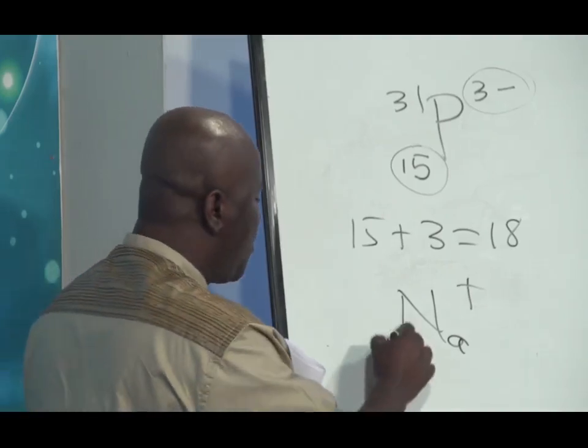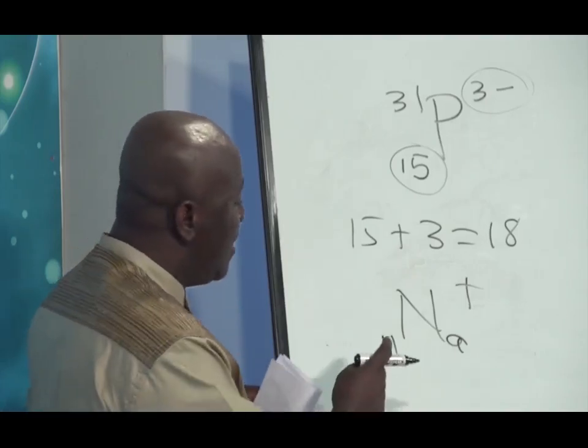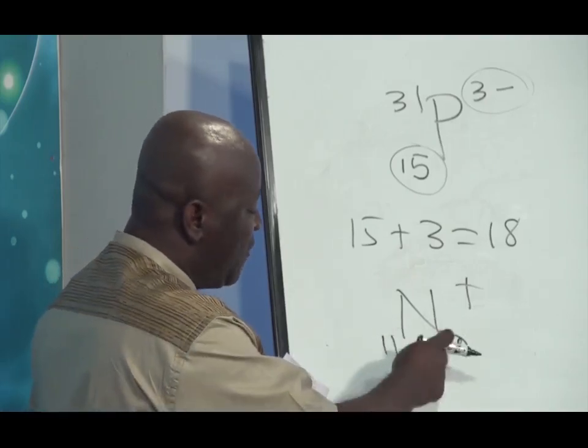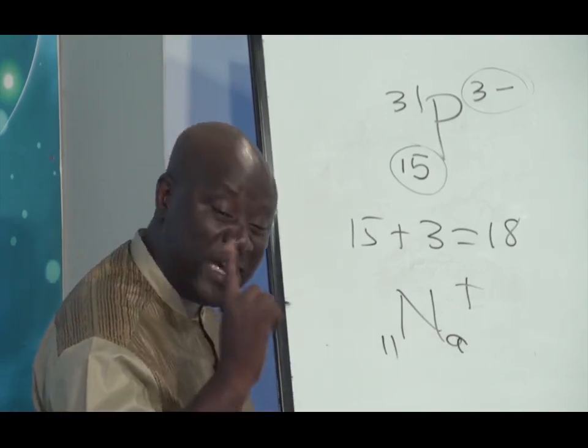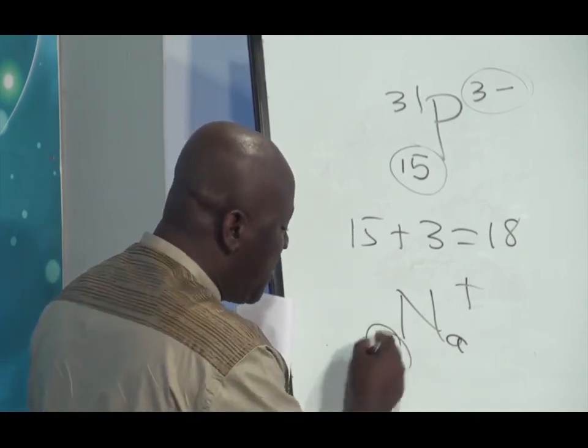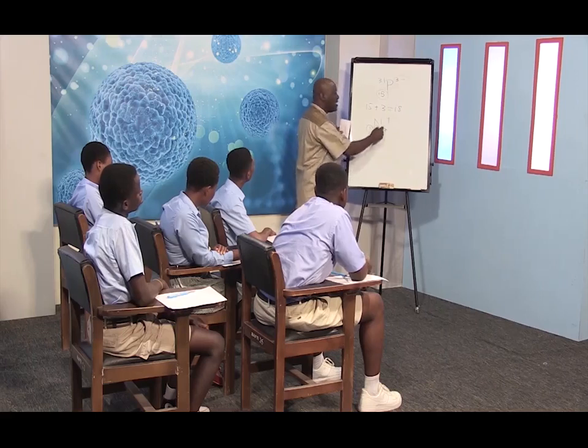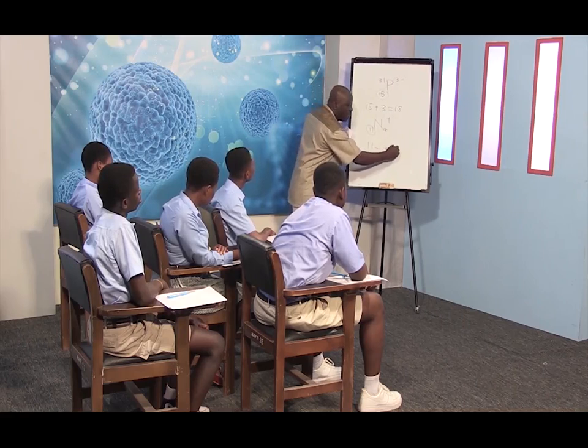Sodium has an atomic number of what? 11. And so the total number of electrons left for the sodium cation is the atomic number, 11, minus the number of electrons lost, which is 1. And therefore, the total number of electrons becomes 10.